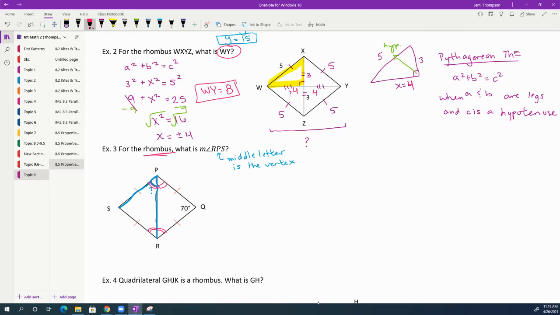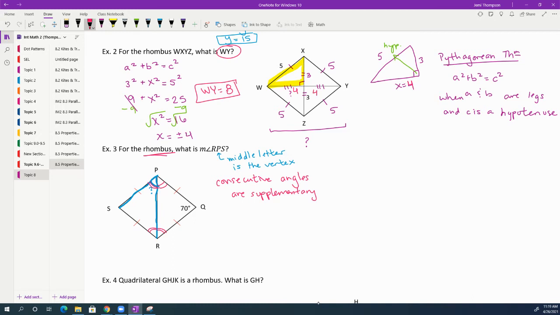A rhombus is a parallelogram, so I also know that consecutive angles are supplementary. That means that I can find this large angle by subtracting from 180.